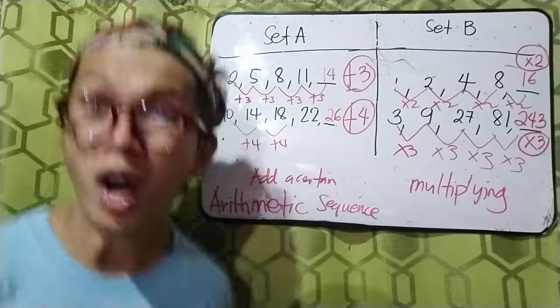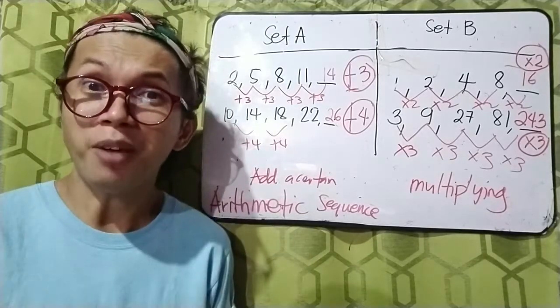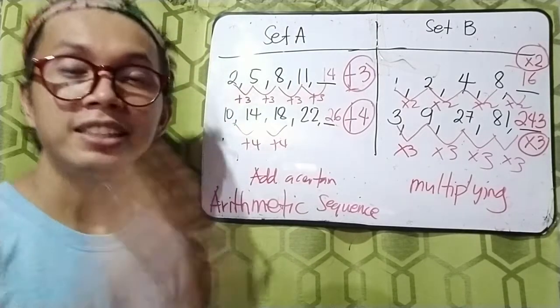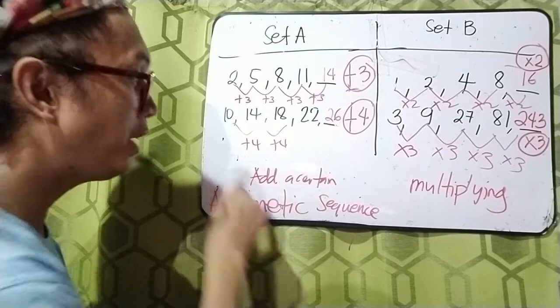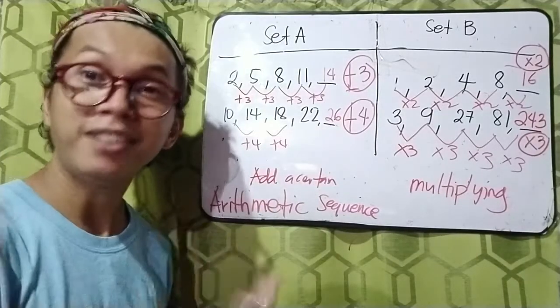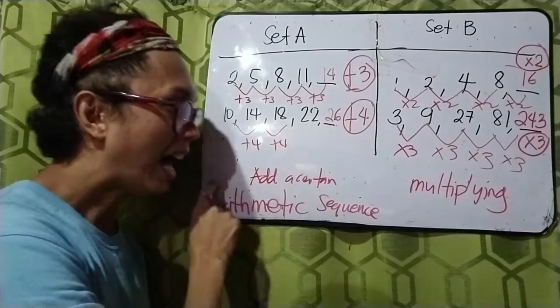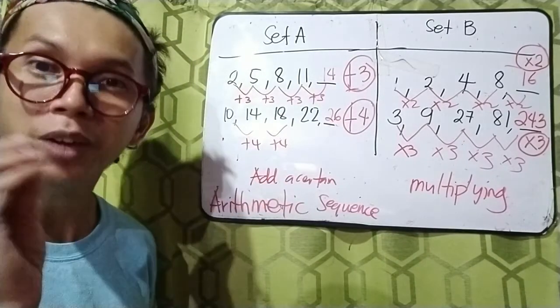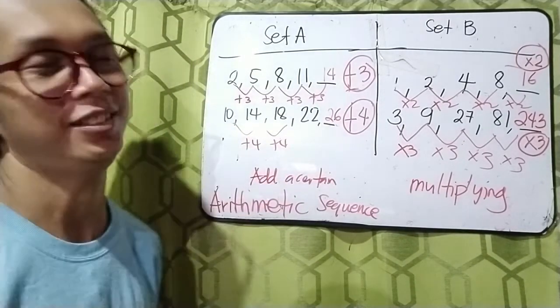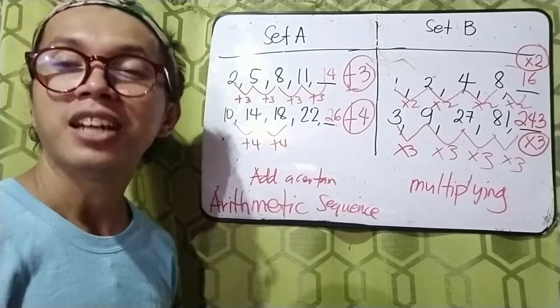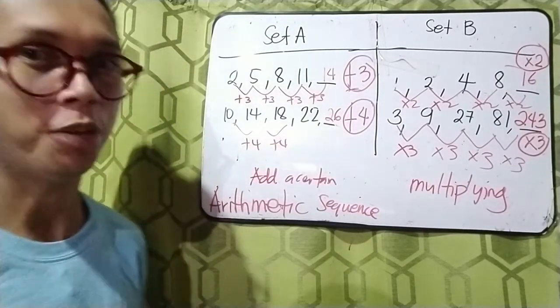So what is an arithmetic sequence? Simple. It is a sequence wherein you add a certain number to get the next term. Remember? Arithmetic, add. Adding a certain number to get the next term. Remember that.